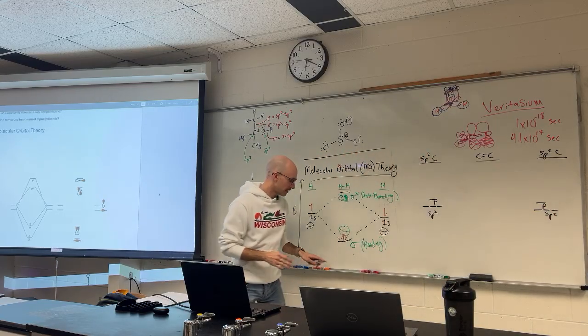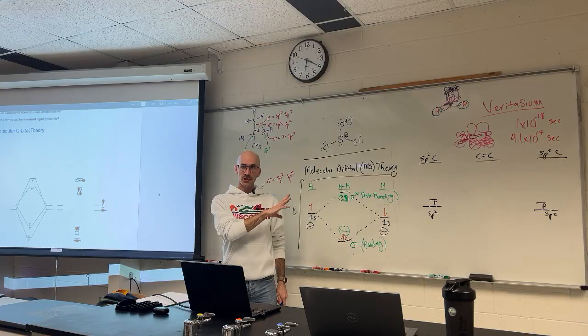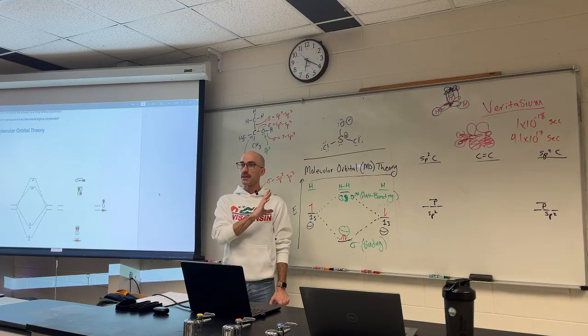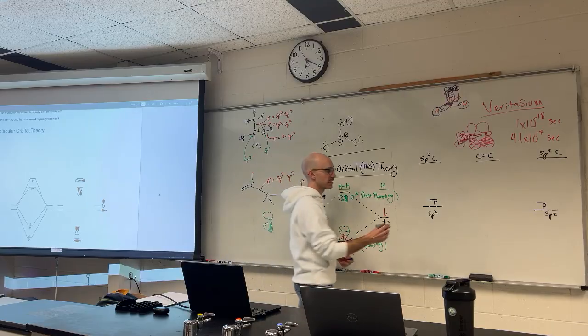Now, I think you guys can agree with me that these 2 carbons are going to bond to other things. So I don't need all of these orbitals in this example.